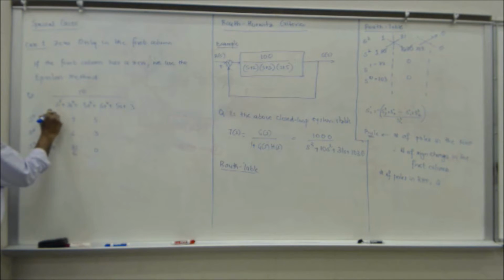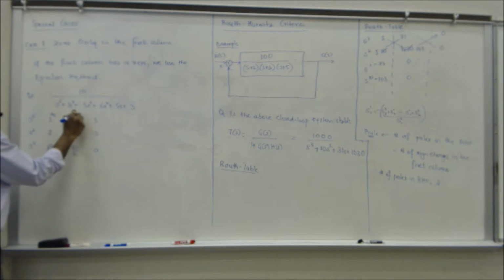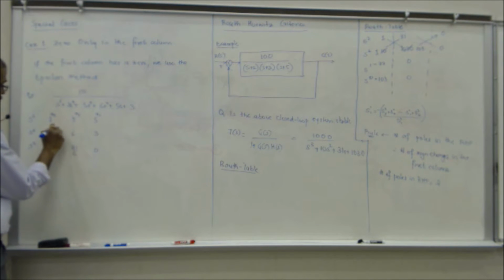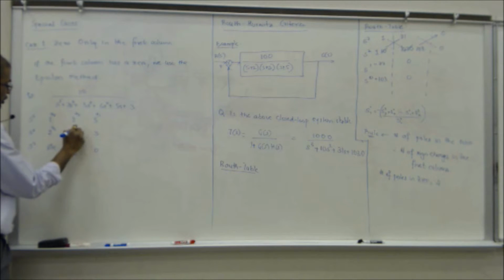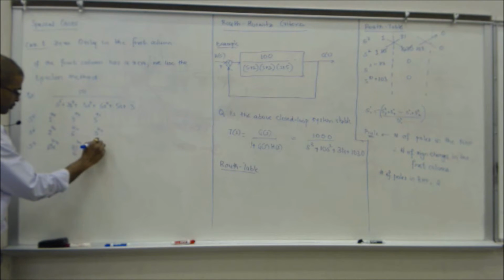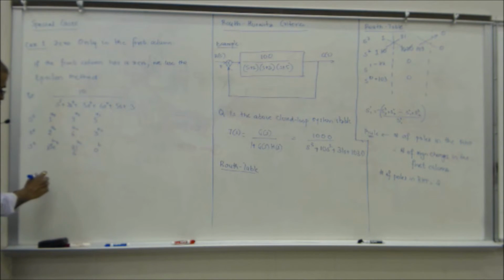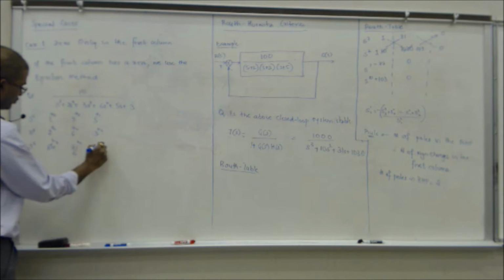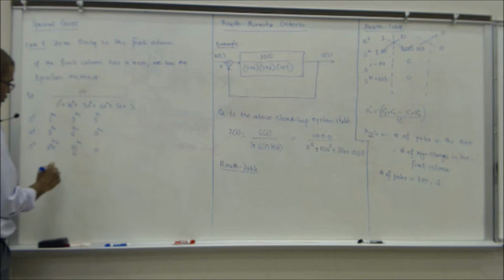So let's name this as A5, A3, A1, A4, A2, A0. Okay. So you have, let's do B, B3, B1, you don't need this.